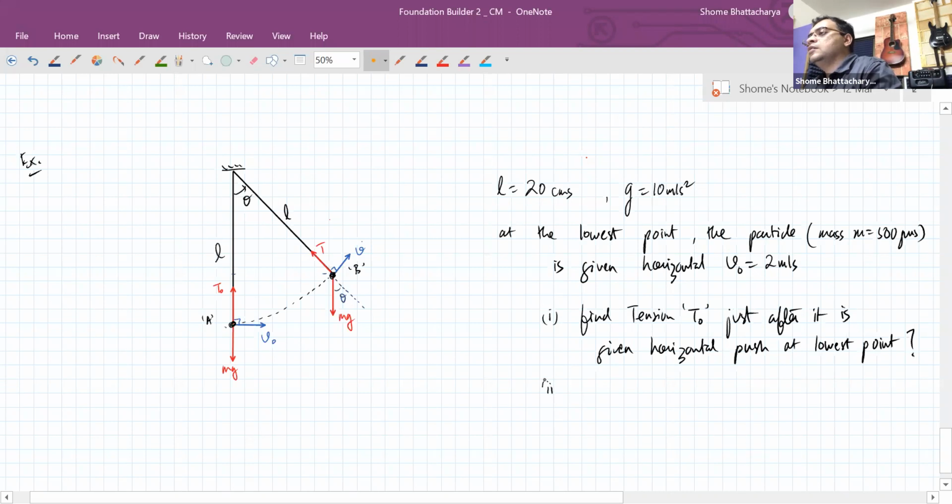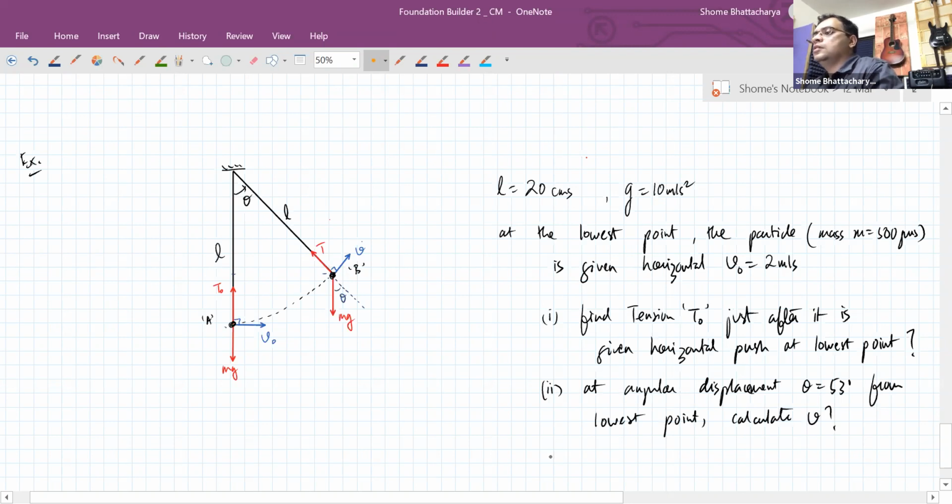Then secondly, at angular displacement, theta equal to 53 degrees from the lowest point. Calculate speed of the particle v and find the tension, the centripetal acceleration and the tangential acceleration at theta equal to 53 degrees of part 2.